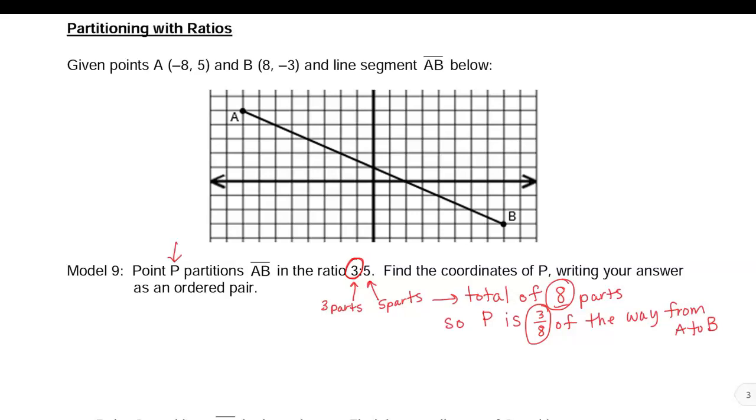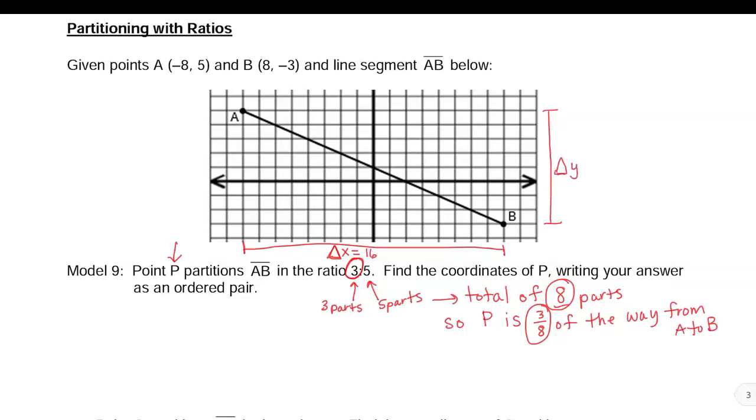And I don't know if you noticed, but A to B horizontally is different than A to B vertically. So when we look at it horizontally, we call that the change in x, and that's denoted with a triangle. We're going to count how many places it is from A to B, and that's 16. And now we'll count the change in y.